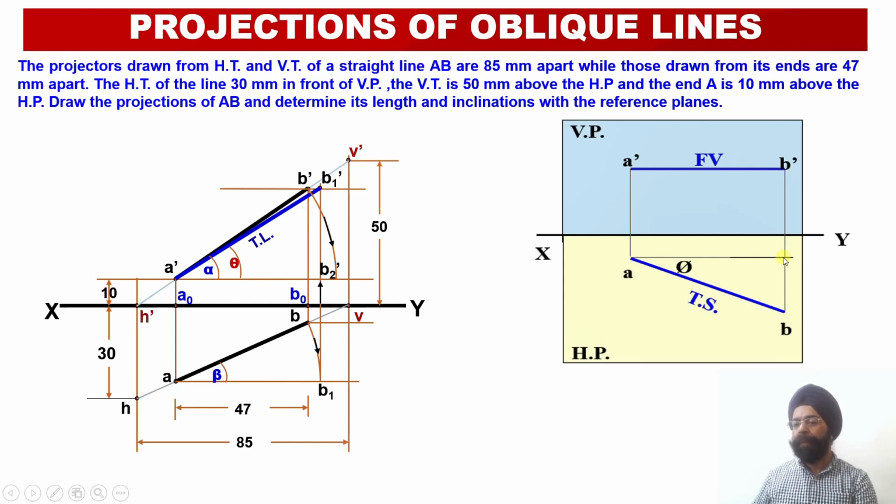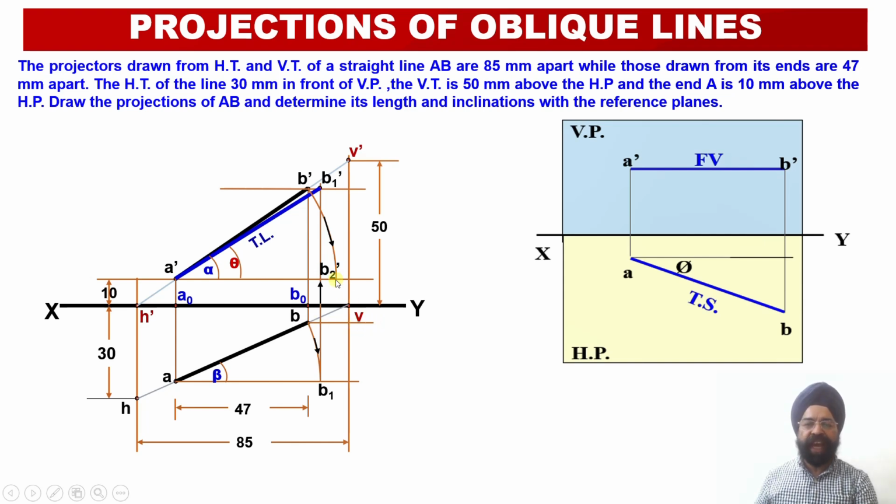Up to what limit do I have to extend this vertical projector? I have to extend it up to the locus line corresponding to the point B. So this is my point B, and corresponding to the point B we have already drawn a horizontal locus line.